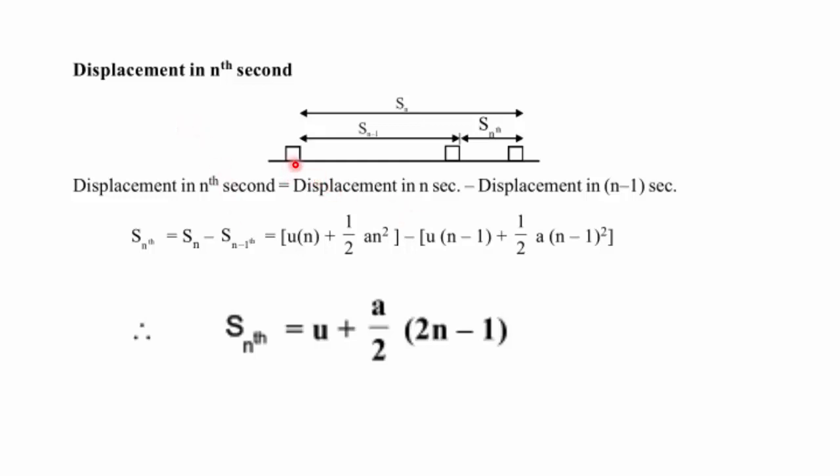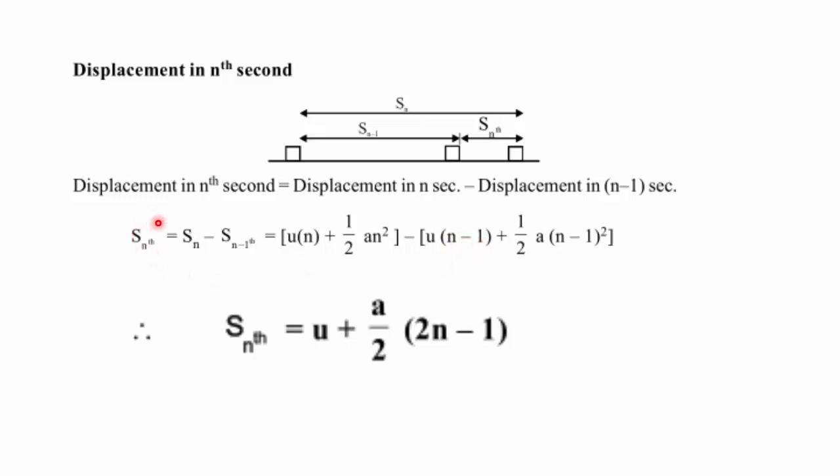Just follow this. Suppose a body moves from here till the final position in time n. For the previous second, I can say the displacement traveled is s sub n minus 1. For this, I use the equation s equal to ut plus half at square, and in place of t I put n, and subtract the same for the time n minus 1.